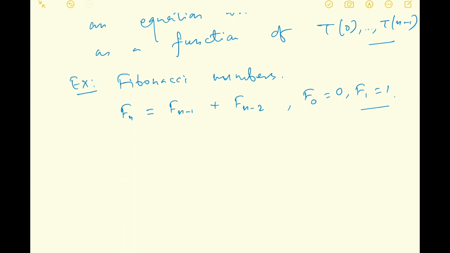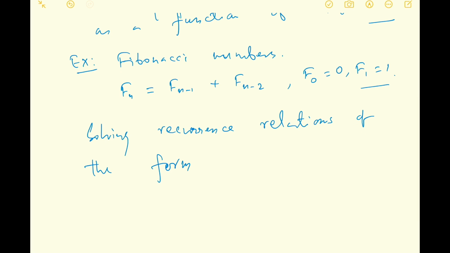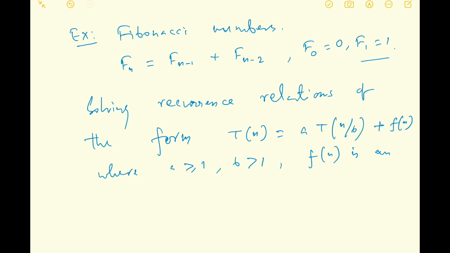So, solving recurrence relations of the form Tn equal to a t n by b plus fn, where a is greater than or equal to 1 and b is greater than 1, and fn is an asymptotically positive function.